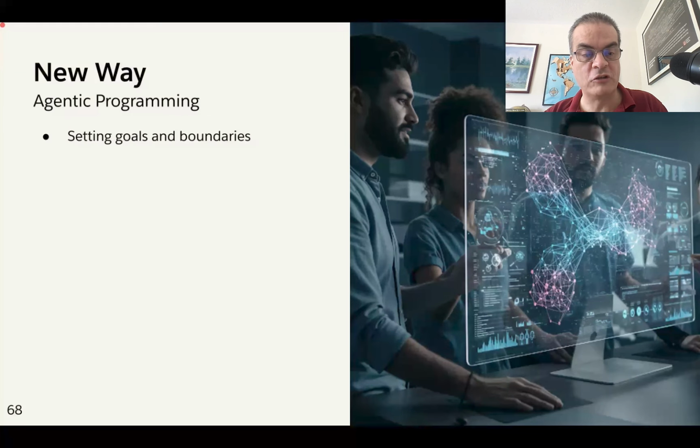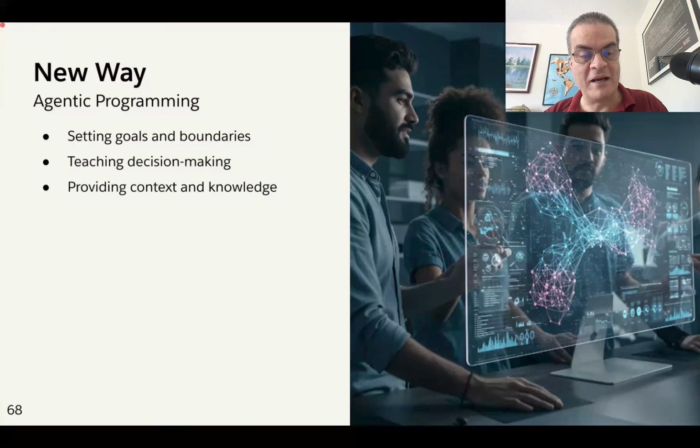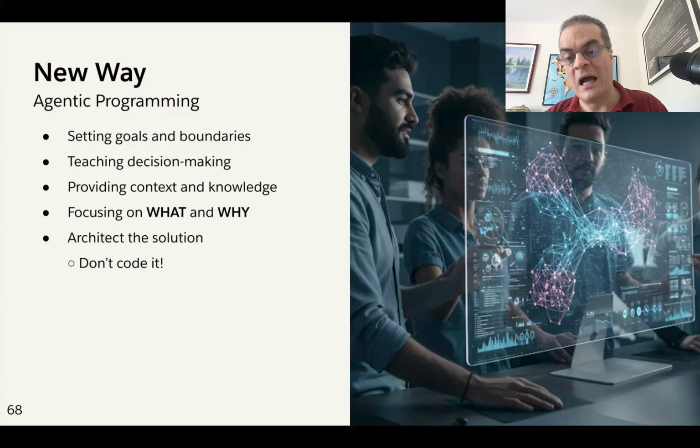We need to start setting goals and boundaries, teaching decision making, providing context and knowledge, basically focusing on what needs to be done and why it needs to be done rather than how. Therefore, we become the architects of the solutions, not the coders.